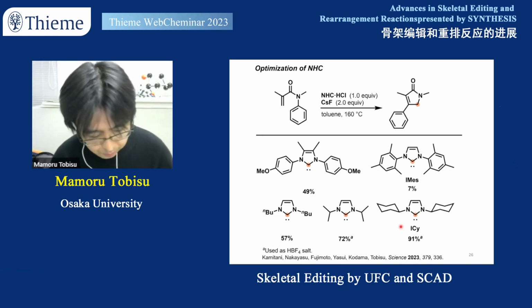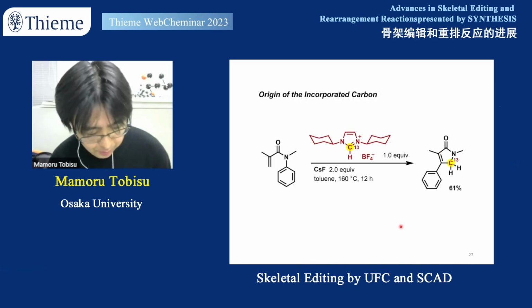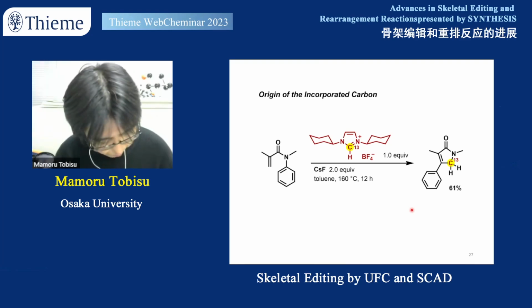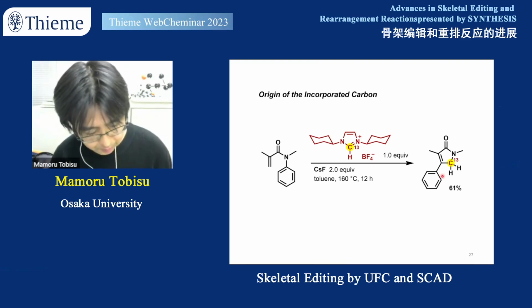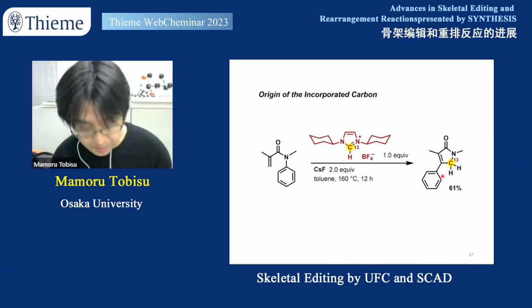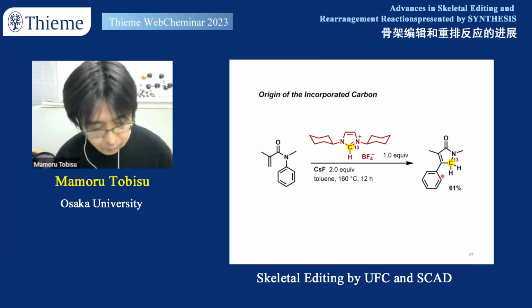And the origin of the incorporated carbon atom was unambiguously confirmed by conducting the reaction using the carbon-13 labeled NHC shown here. And as a result, the carbon-13 was indeed incorporated into the gamma-lactam product, providing the experimental evidence that the C2 carbon of the NHC can serve as an atomic carbon equivalent.